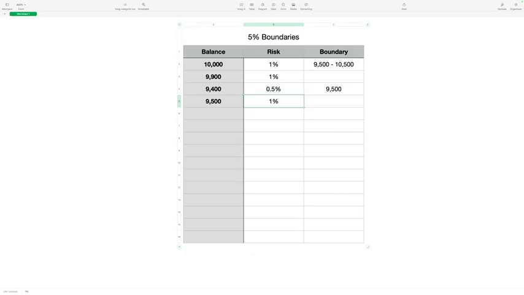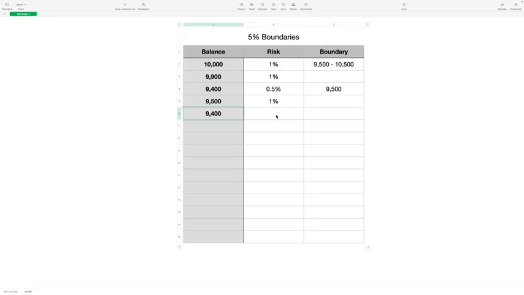And the first time we now up our risk, that is the rule: when you up your risk percentage, you want to use the same percentage twice. So here, if I now lose this trade, for example, and we go back towards 9,400, I am not going to drop back to 0.5%, because I want to use the same risk twice.